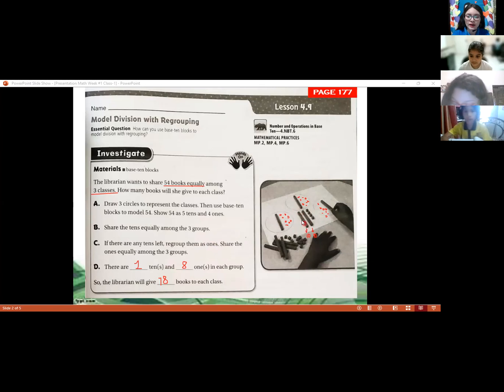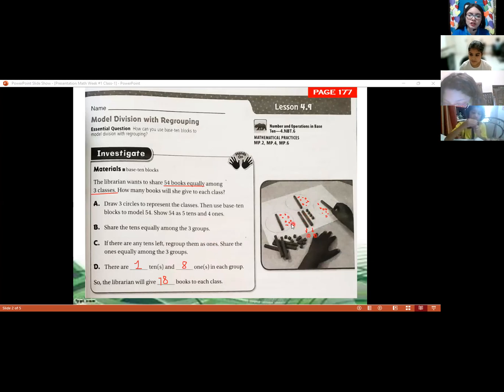In this block, we have 10. Here there are 10. So we start giving from this 10, giving one by one. 1 to group number 1, 1 to group number 2, 1 to group number 3. And we continue until we share the first 10. Then we continue sharing this 10 that we have in block number 2, that was left over.